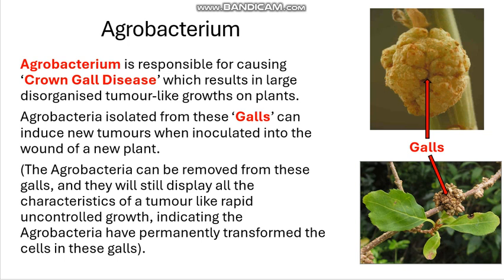Agrobacteria isolated from these galls, I'll just call them galls because it's easier, can induce new tumours when inoculated into the wound of a new plant.